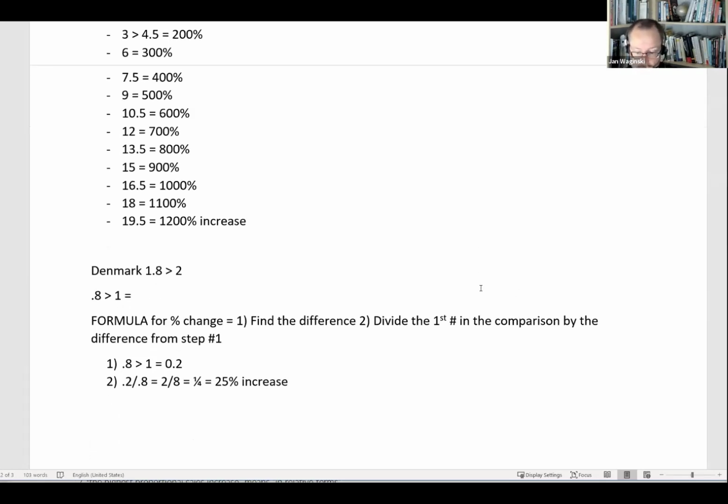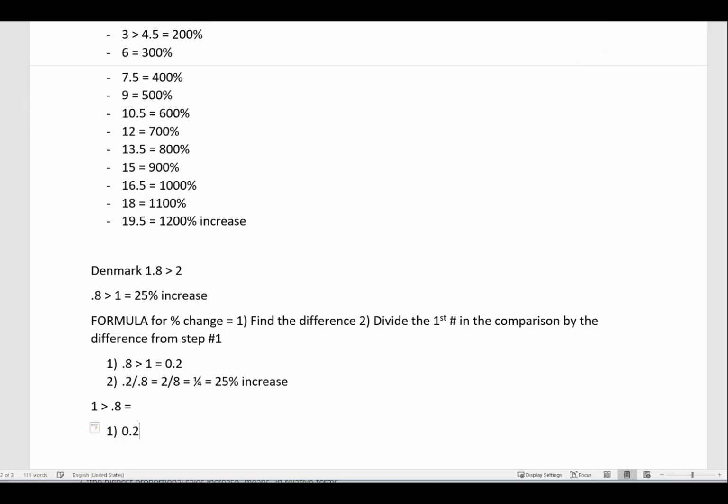Now, I want to show you something. And this is why you have to be careful. Let's say it had gone down. We're talking about this example, 0.8 to 1. This is the one we just did. It's 25% increase. But let's say it went in the other direction. We follow the same formula. What's our difference? 0.2. It's the same difference. But in this case, we're doing 0.2 divided by 1, because it's the first number in our comparison. In this case, the first number is the 1.